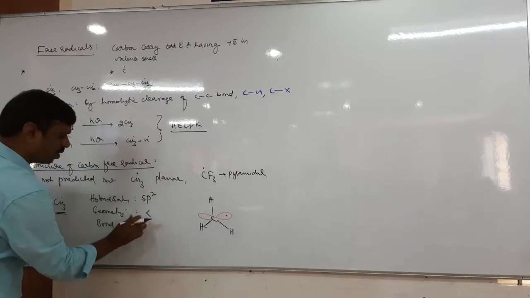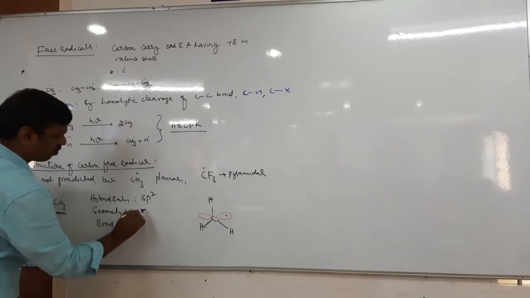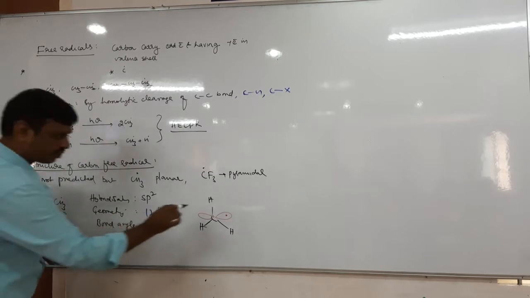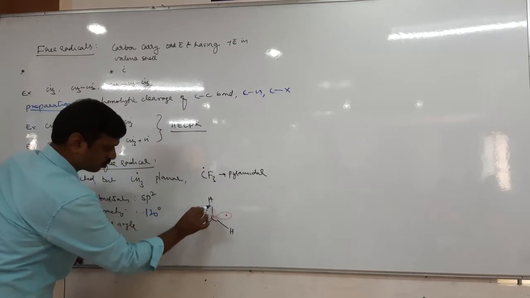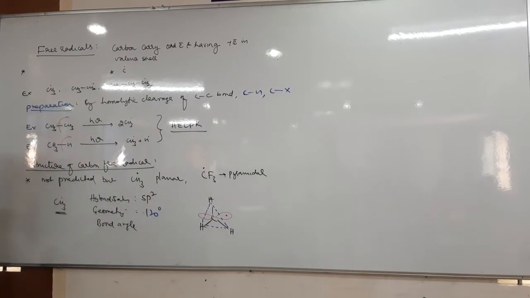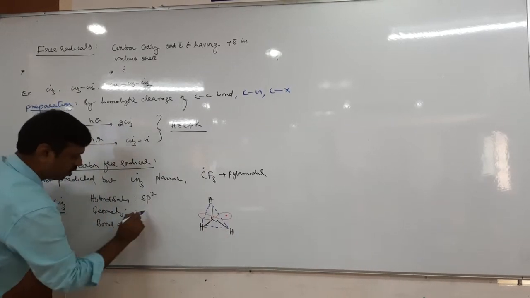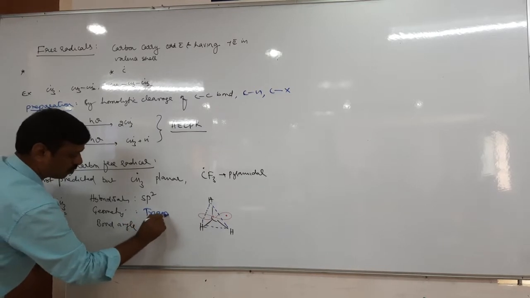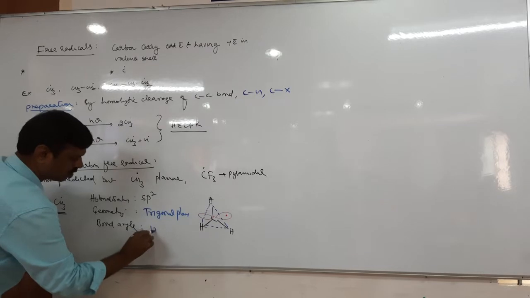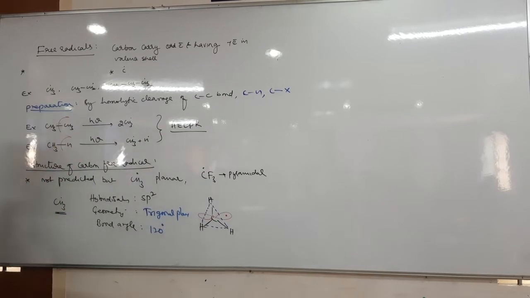Some books give 120, so let us take 120 only. The geometry is trigonal planar, and the bond angle is 120 degrees.